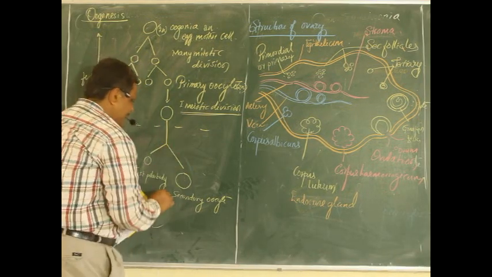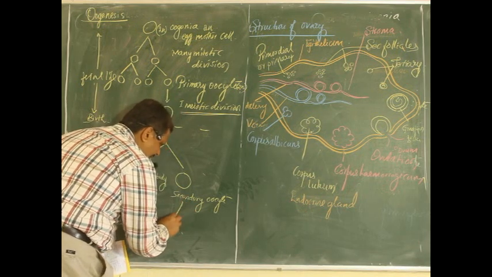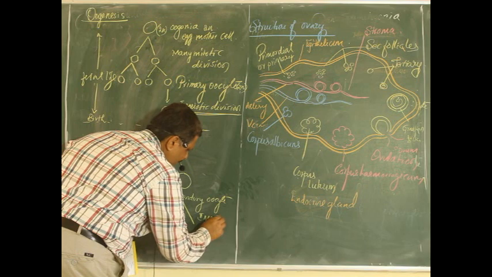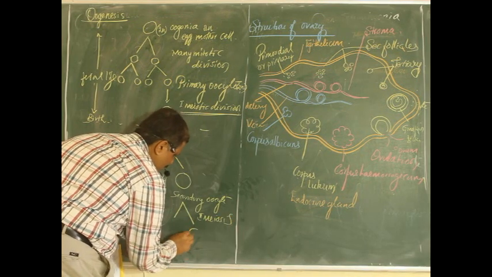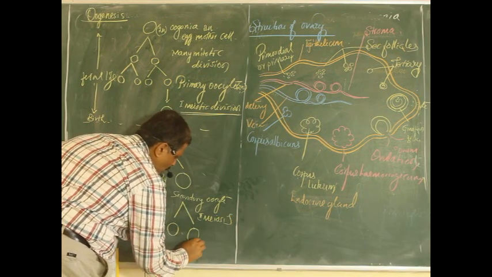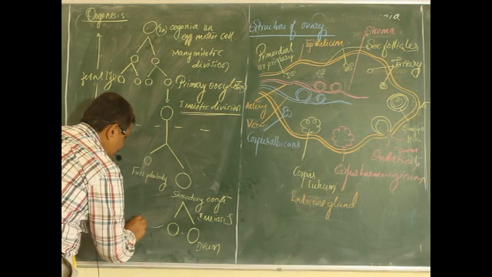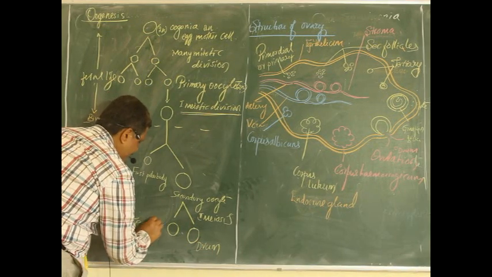This secondary oocyte undergoes second meiosis to produce ovum and second polar body.